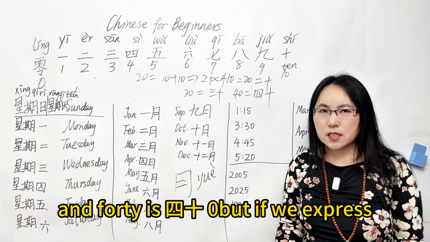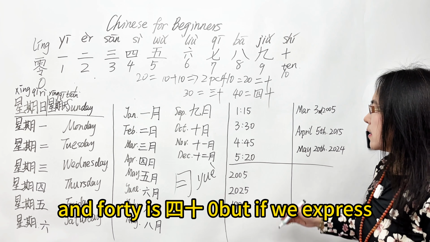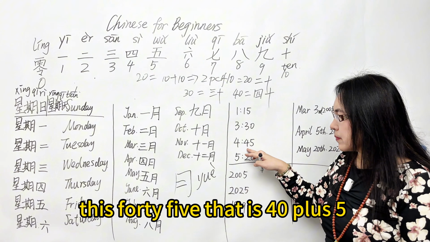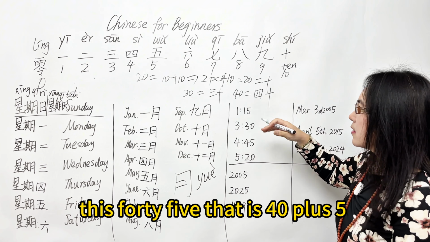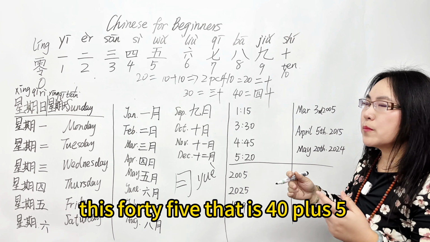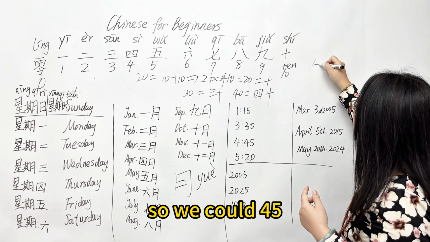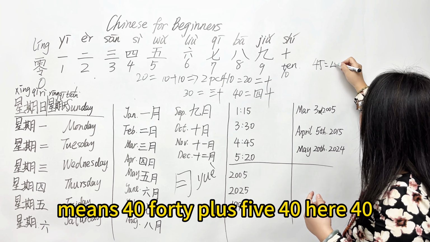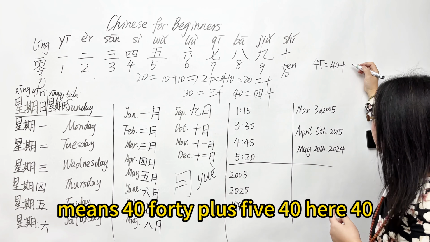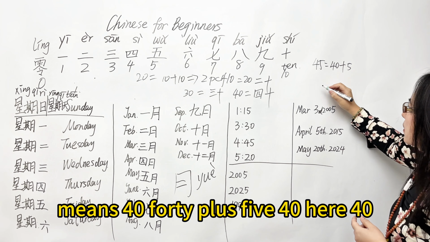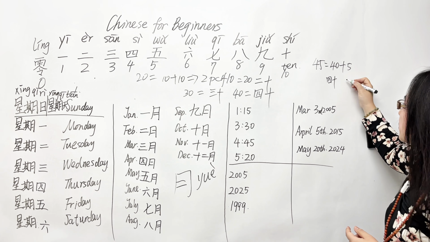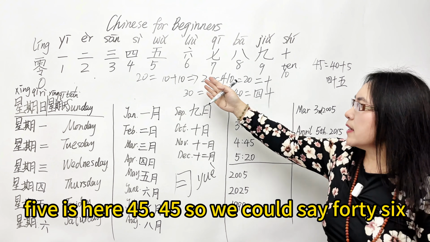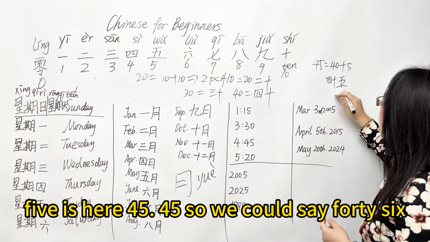But if we express 45, that is 40 plus 5. 40 here, and then 5 is here, so 45.